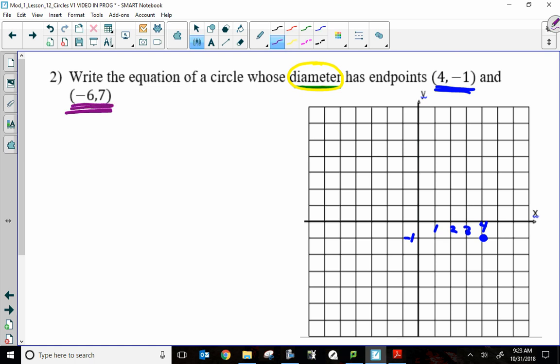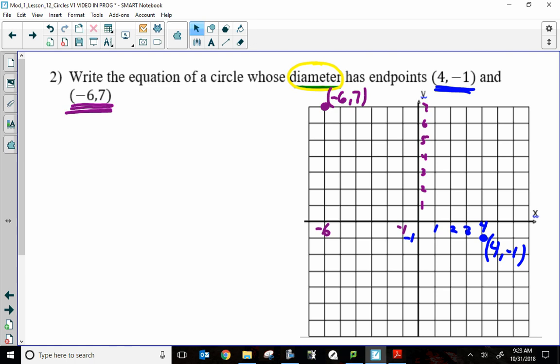So I go negative 1, negative 2, negative 3, negative 4, negative 5, negative 6, and then I go up 7. 1, 2, 3, 4, 5, 6, 7. So I am all the way up here. All right, that's negative 6, 7. And we had our point 4, negative 1 down here.